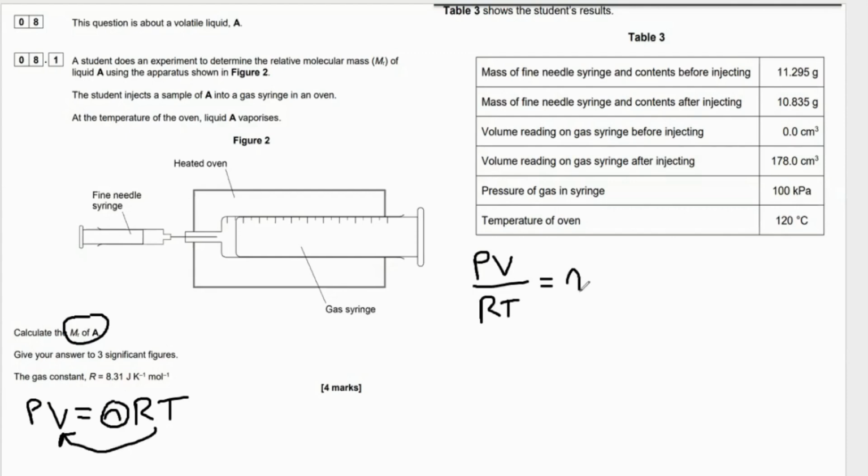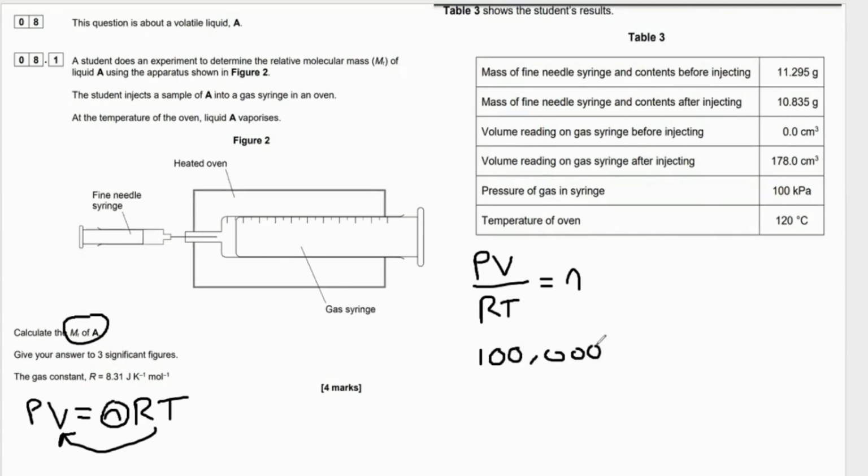Now it's all about converting these units up here. The grams we can leave till we have the moles, and then we put that in to find the Mr. So pressure. What have we got? 100 kilopascals. You must learn this off by heart, of course. Practice, practice, practice.